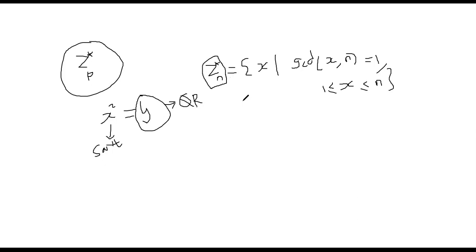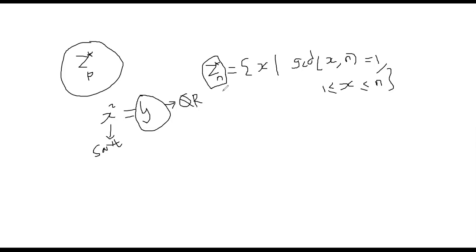It turned out that the Zn star group has interesting properties that make the problem of computing quadratic residue much more challenging, which we are going to use to build new crypto systems. Probabilistic encryption systems can be built using this property. So it's difficult to tell whether a number is a quadratic residue or not in Zn star. That is the problem that has been used to construct crypto systems.